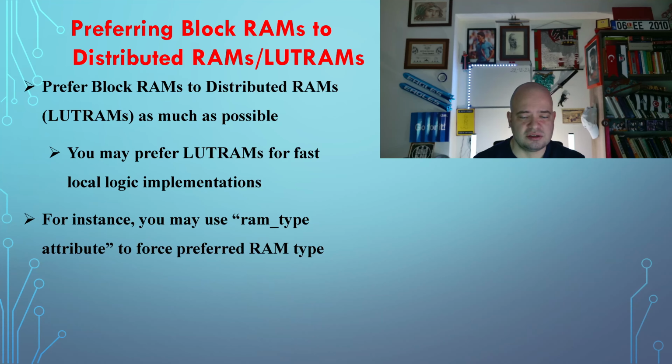Distributed RAMs are implemented inside Xilinx slices and Altera's ALMs, adaptive logic modules. So those LUTs, lookup tables, are implemented as if they are RAMs, random access memories, and if, for instance, outputs are also registers, those flip-flops inside slices or ALMs are used.